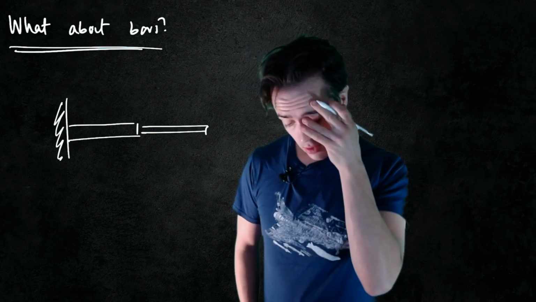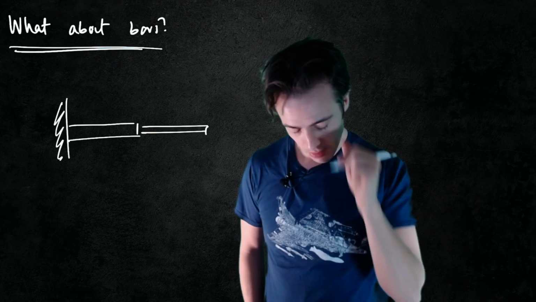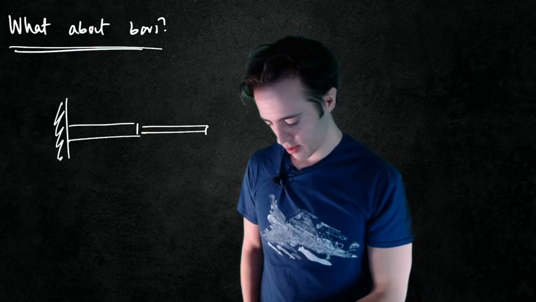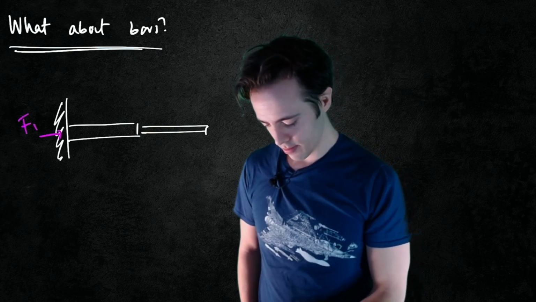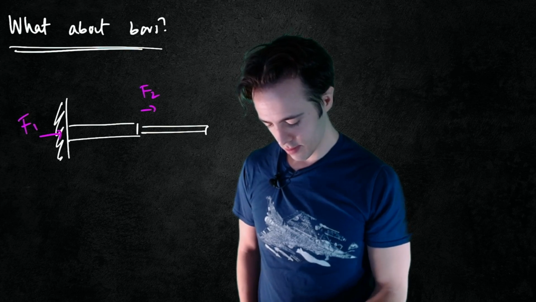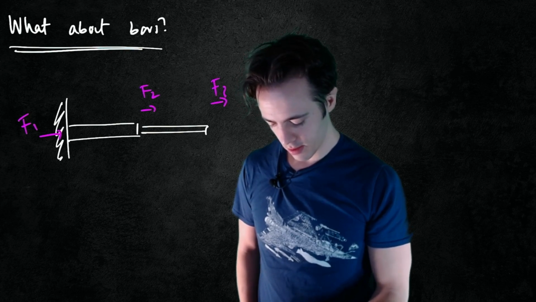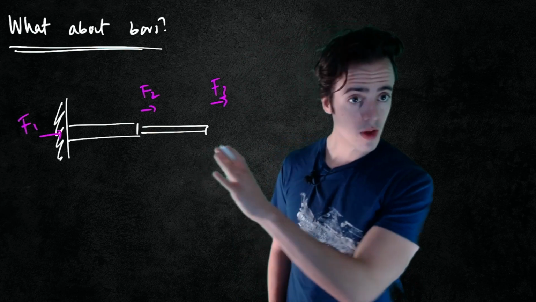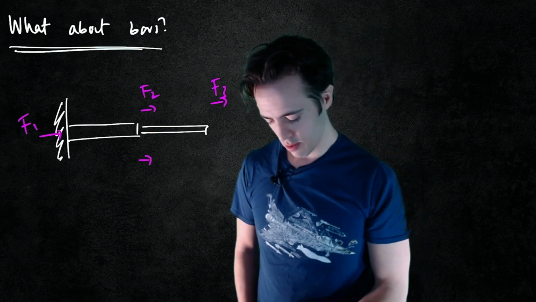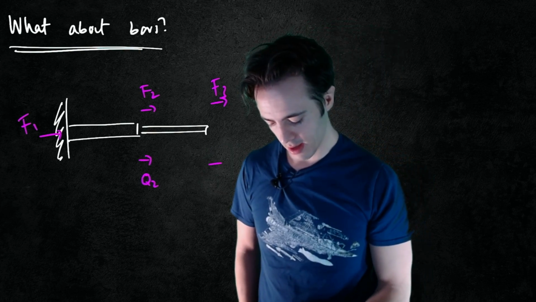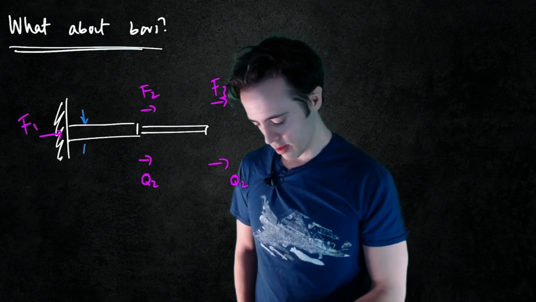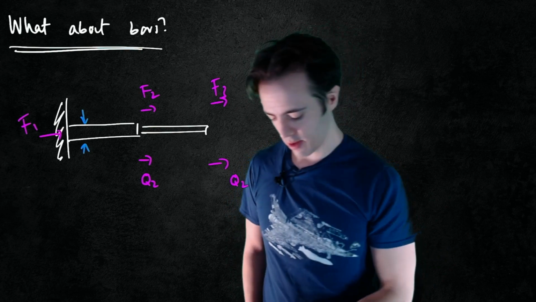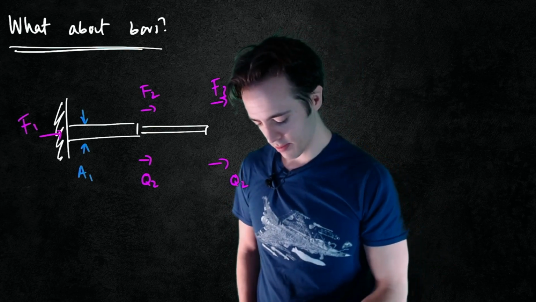So if we had this problem here, let's say we've got the same sort of problem. We've got forces applied to a system. We've got two displacements that we'd like to determine, Q1 and Q2, and we've got a bar element with a cross-sectional area of A1.